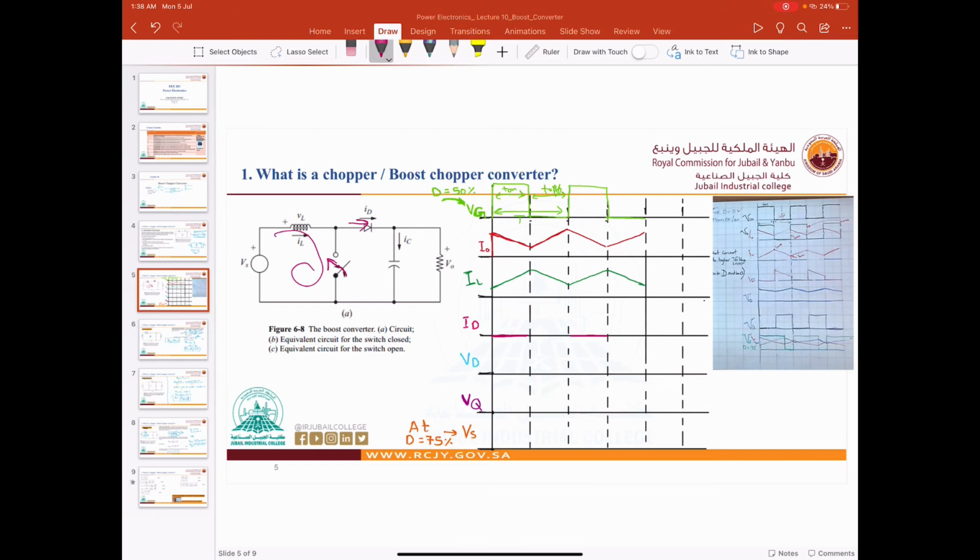Now when the switch is off, means it is open, what will happen, ya shabab? Then the inductor and the source voltages will add together in order to produce high current, so it will go up, right?